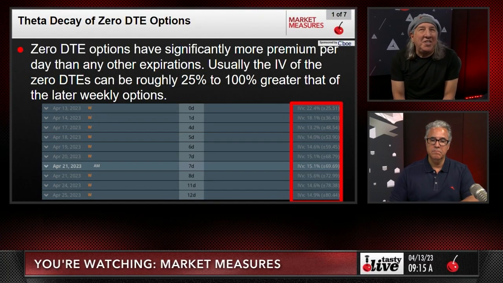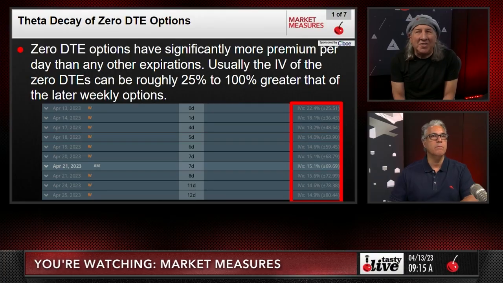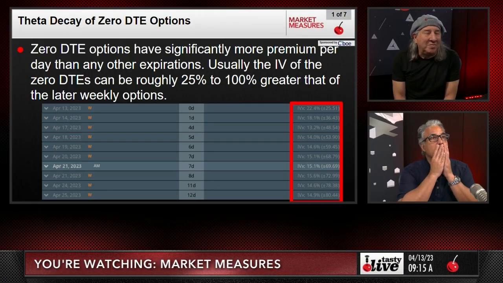So zero DTE options have significantly more premium per day than any other expirations. Usually the implied volatility of the zero DTEs can be roughly 25 to 100% greater than that of the later weekly options. On the right-hand side of the page, on the Tasty platform, we show the zero DTEs, and you can see it has a 22 implied volatility.